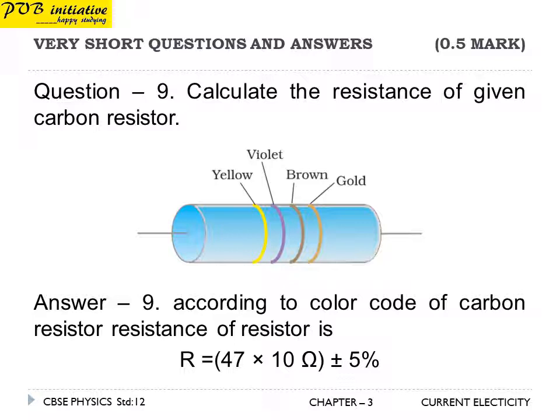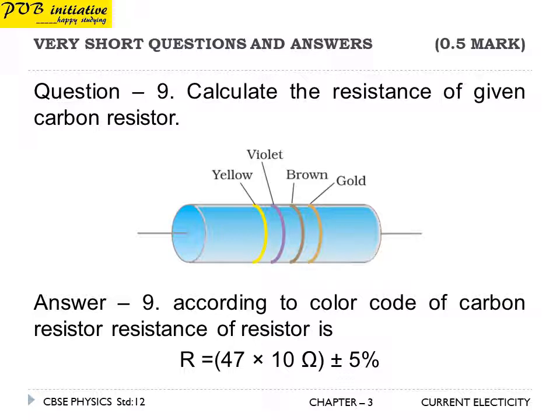From the first line we come to the tens place. Here it is yellow, which has color code 4. Then the second color is violet, at the ones place. Violet has color code 7. So the resistance value is 47. Now, brown has color code 1, so the power is 10 raised to 1, that is just 10.